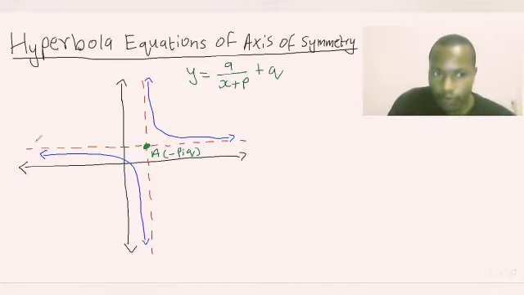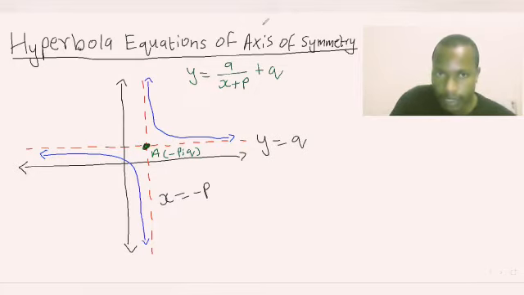Remember that you would have your horizontal asymptote, which would be y equals q, and your vertical asymptote, which would be x equals minus p. Where these meet, that would be that point over there.